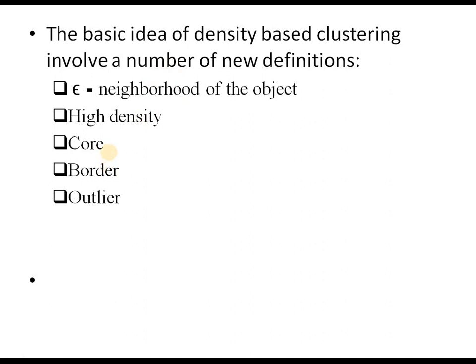Given a set of objects D, we say that an object P is directly density reachable from the object Q if P is within the epsilon neighborhood of Q and Q is a core object.